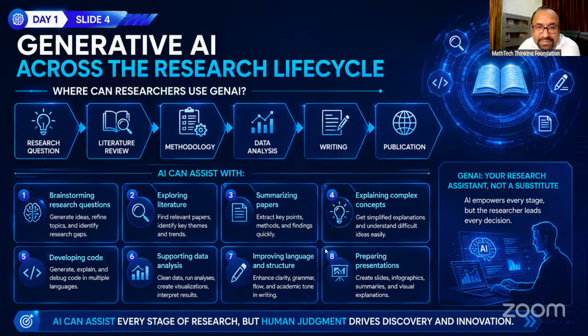AI may summarize a paper, but the researcher should consult the original paper before relying on an important claim. AI can help write code, but the researcher must test and validate the code, by taking some known result or a simple example, to see whether the code written with the help of the generative AI tool produces the known result.